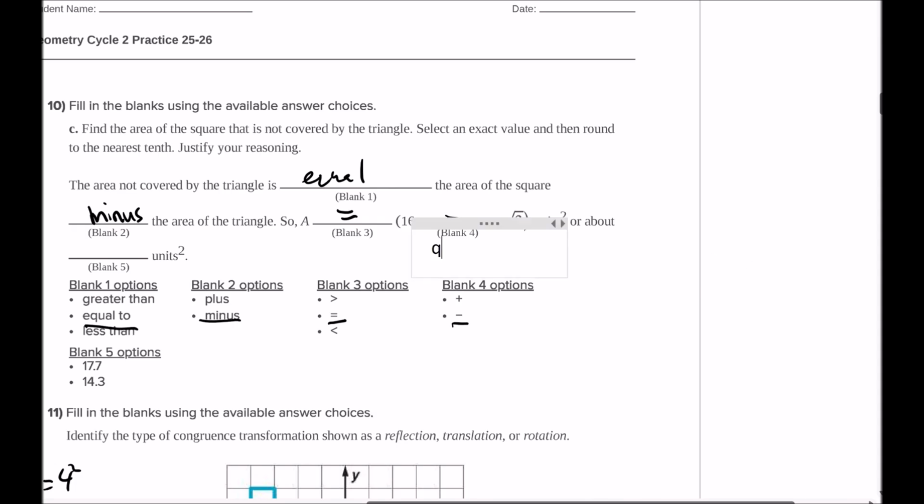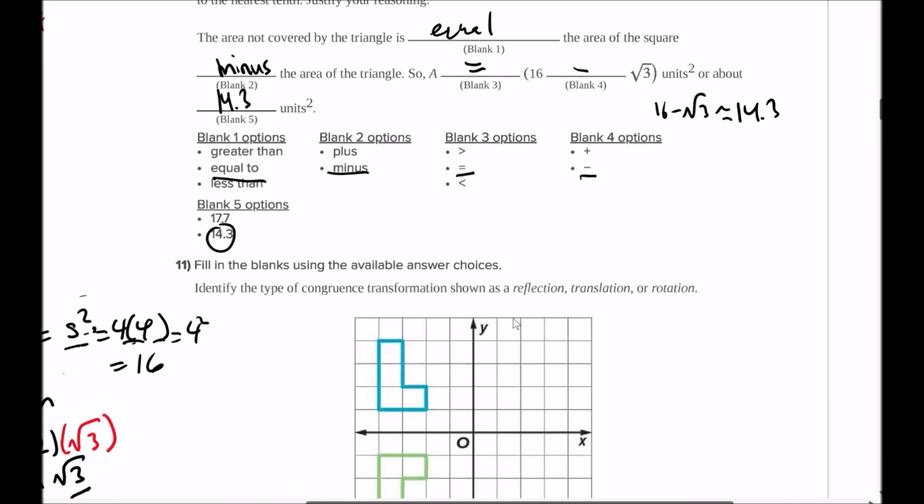So we're going to do 16 minus square root of 3 on the calculator, which is 14.3. Okay, so about 14.3. All right, so it's that, so 14.3 units squared. Okay, that takes care of number 10.